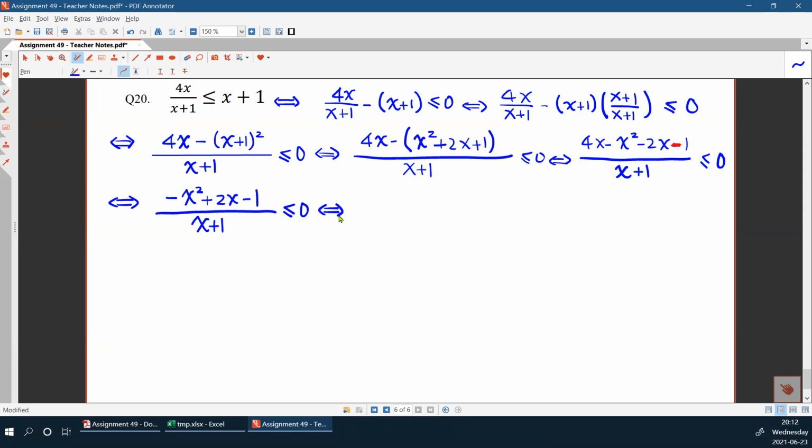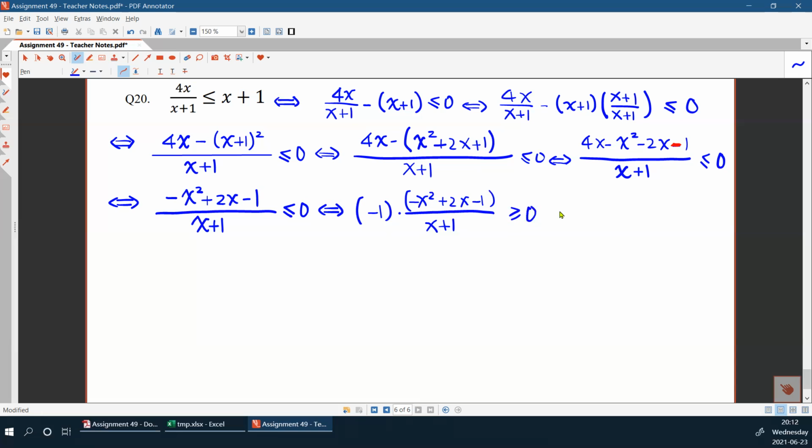And this is equivalent to, note that this is a perfect square, right? We can just multiply by minus 1 on both sides. Okay, minus 1 is a negative number, so we need to change the direction here.